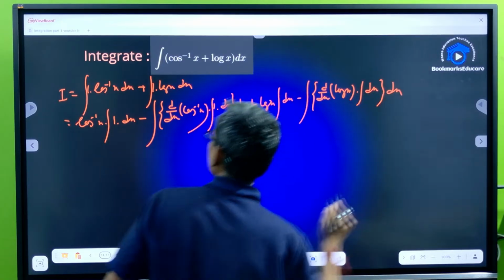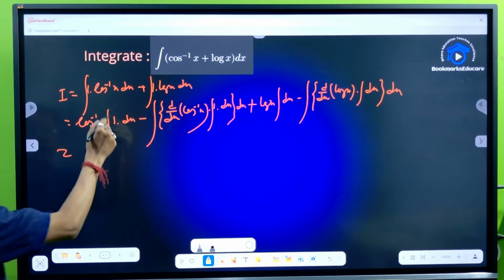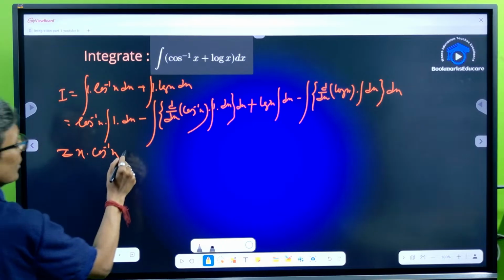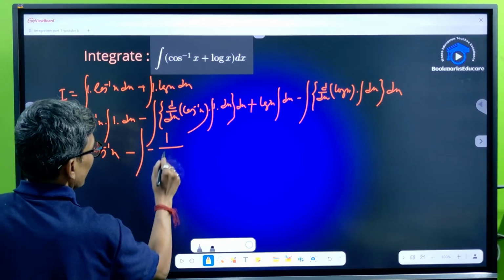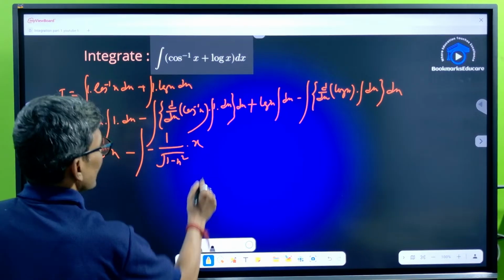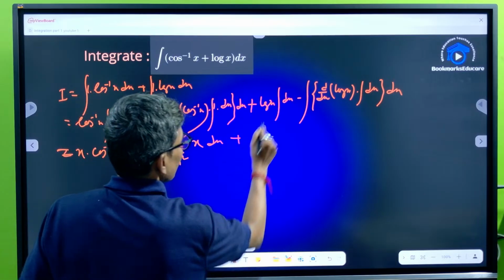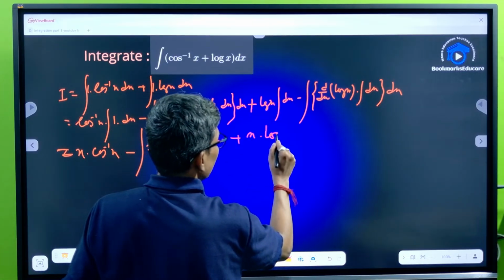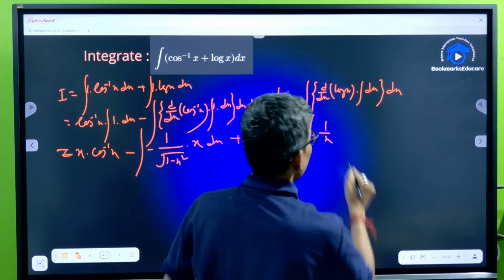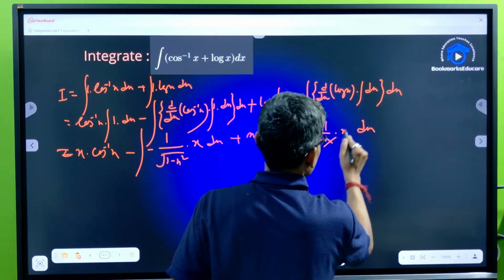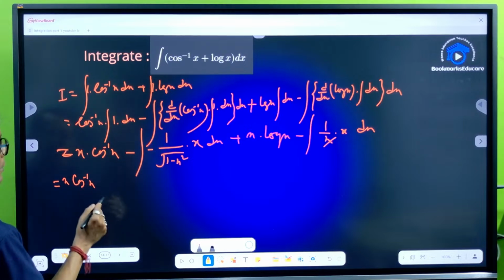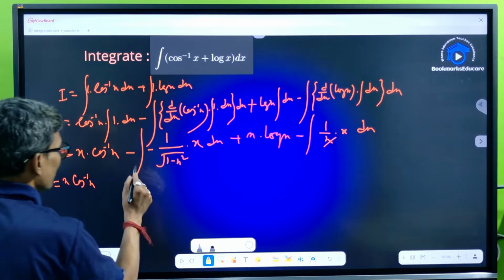Integral of dx means x into cos inverse x minus 1 by root over of 1 minus x square, its derivative, into x dx, plus x into log x minus 1 by x dx of log x means 1 by x into x dx, so it will cancel.